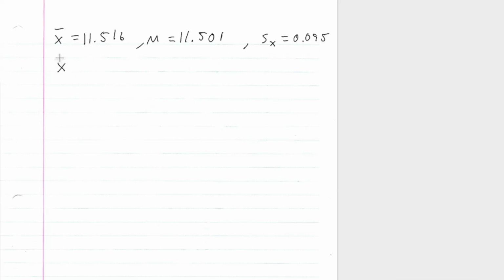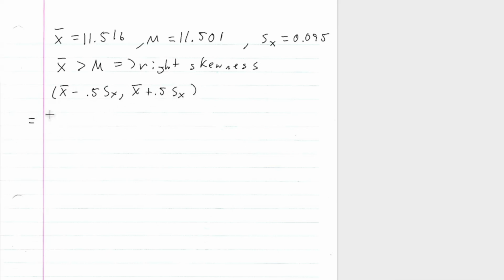So we know that X bar is bigger than the median, so that implies that there is right skewness, right? But we'll check to see if it's significant enough to be worried about. So we're going to do X bar minus 0.5 times the sample standard deviation, and X bar plus 0.5 times the standard deviation.